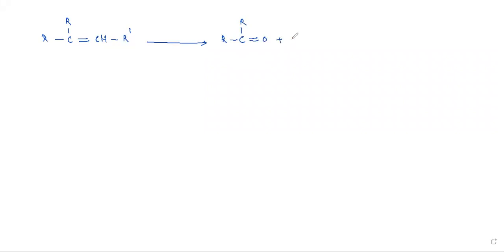From the other end, you get R dash C double bond O H. See, initially, if you consider only osmium tetroxide, this is the overall reaction, of course. That means with osmium tetroxide and sodium periodate.